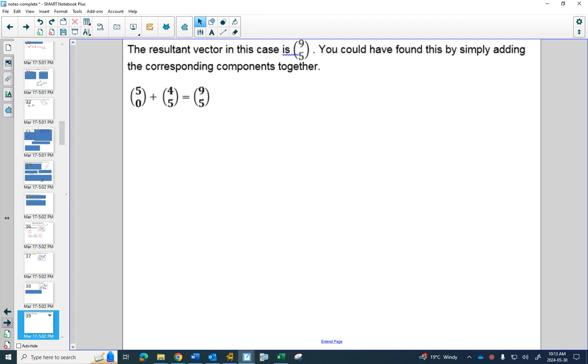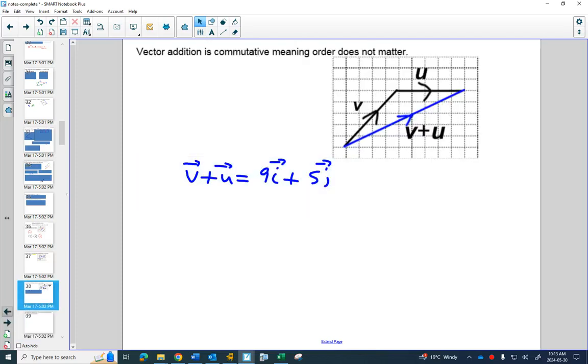There is the answer. Adding the corresponding components. You don't need to write that. That's okay. You want to write the I and the J. All right.